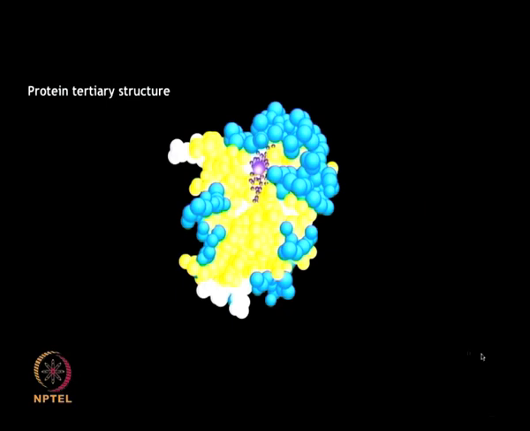The tertiary structure of myoglobin, determined by John Kendrew, clearly revealed that the nature of amino acid side chains dictates their location in the tertiary structure.